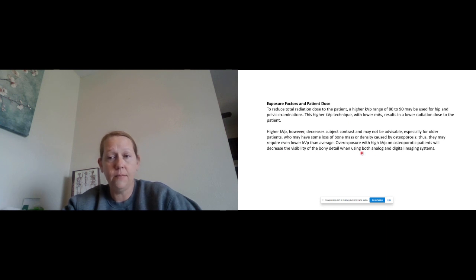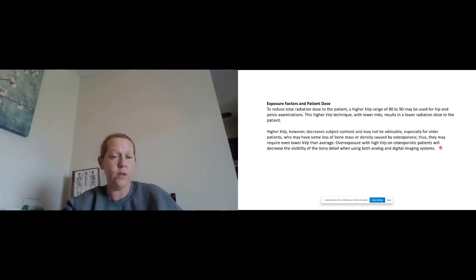This is where we're going to start thinking about these things. Because if you have an older patient who has osteoporosis with a fracture, they may require even lower kVp than average. Overexposure with high kVp on osteoporotic patients will decrease the visibility of the bony detail when using both analog and digital systems.